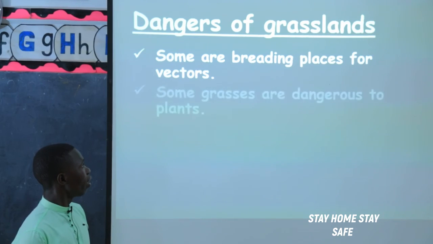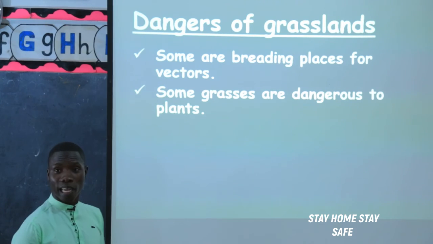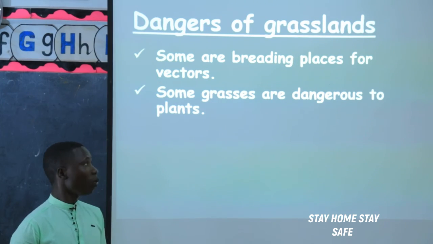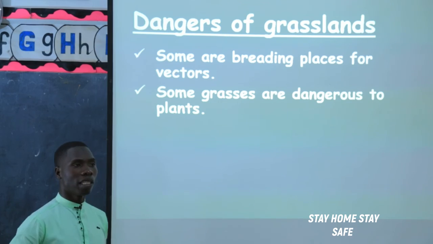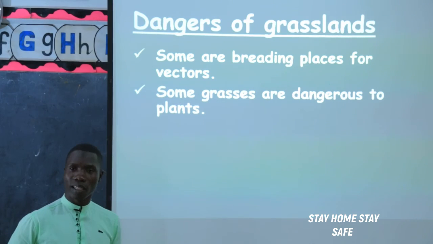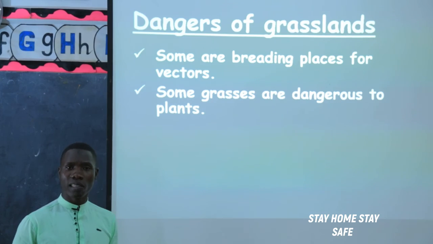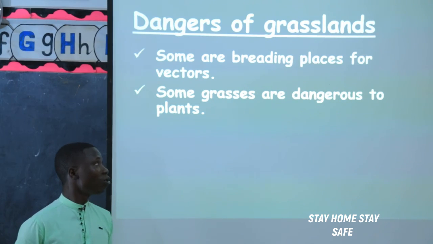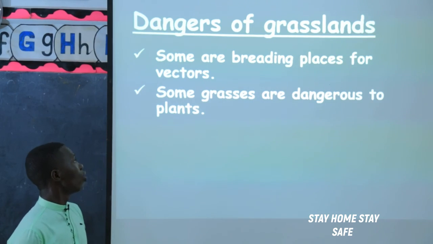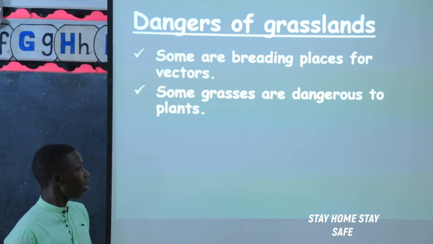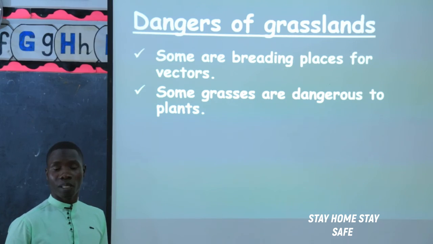One, these are breeding places for vectors, okay? So when you stay here, you will be disturbed by these vectors. They will easily spread the germs that could cause diseases to you. So it's not good to live near grasslands. Also, some grass is dangerous to plants, the weeds specifically.